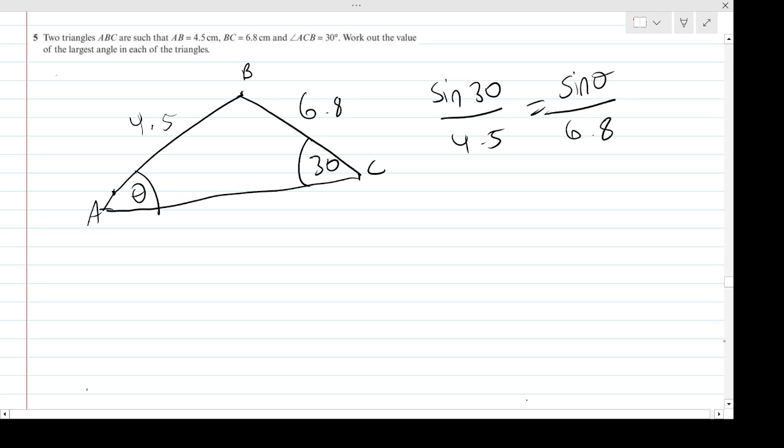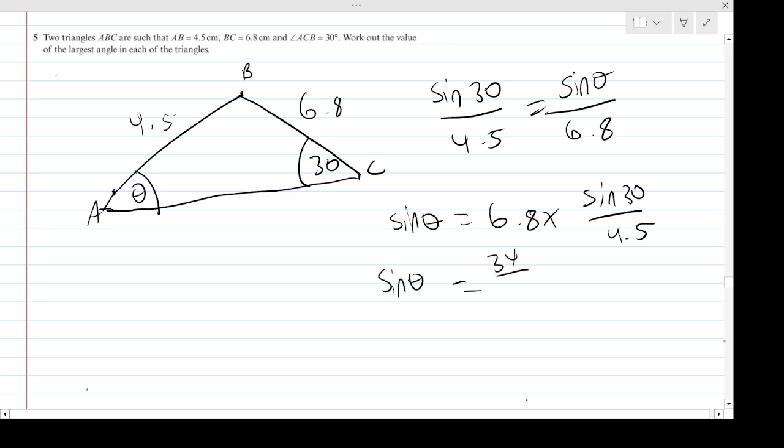If we then work that out, well then to get sine theta, I'm going to times both sides by 6.8, times by sine 30 over 4.5. And so then I get 34 over 45.